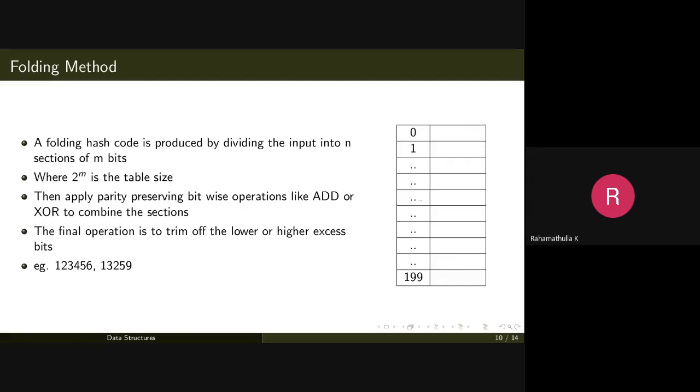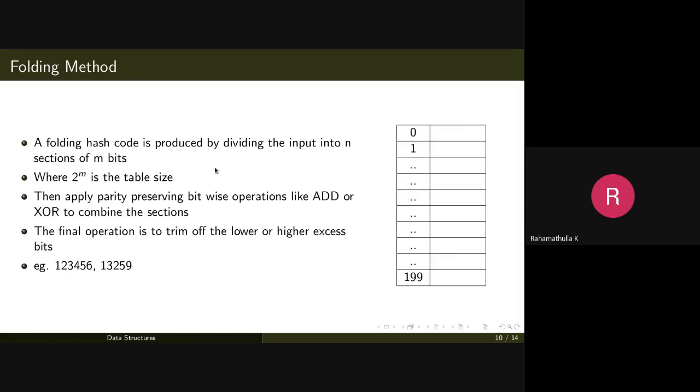In the final operation, if you have additional digits, for example, in this case you have taken a hash table of size 200, with indexes 0, 1, 2, 3, etc. up to 199, and as a sum of these you get something like 255, then it's out of this boundary. So once it is out of this boundary, the lower or higher excess bits will be removed, so that you are making it fit into this table itself.